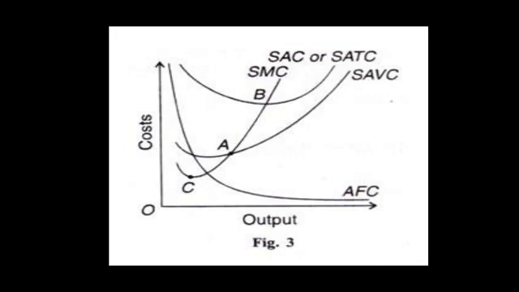Like it intersects the average variable cost curve at point A, which is the minimum point of the average variable cost curve, and it intersects the short run average total cost curve at point B, which is the minimum point of the short run average total cost curve. Thus, marginal cost is equal to average cost at its minimum point.